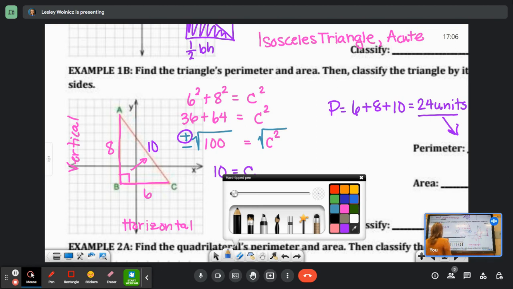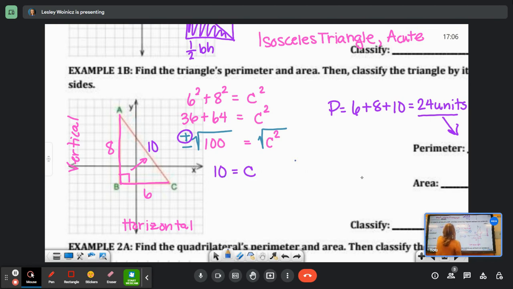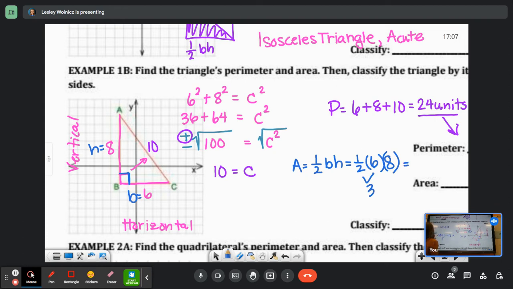Okay, so my area for my triangle is 1/2 times my base times my height, which is 1/2 times my base is 6, my height is 8. Remember that the base must be perpendicular to the height. That's a rule. Half of 6 is 3. 3 times 8 is 24 units squared.